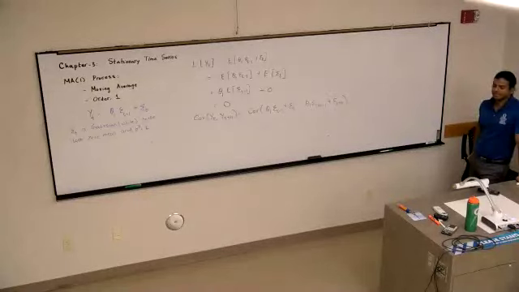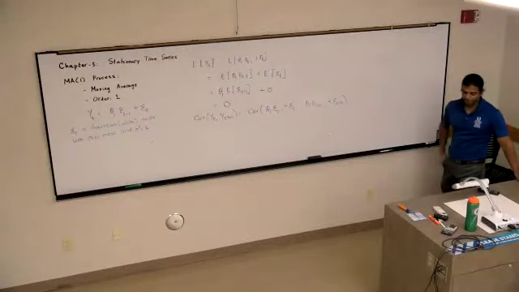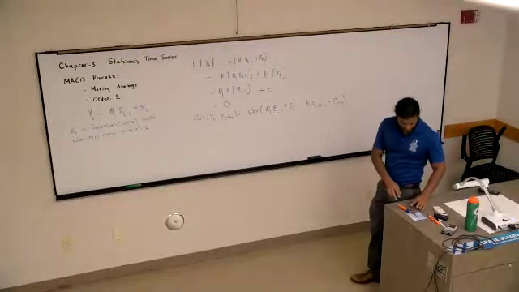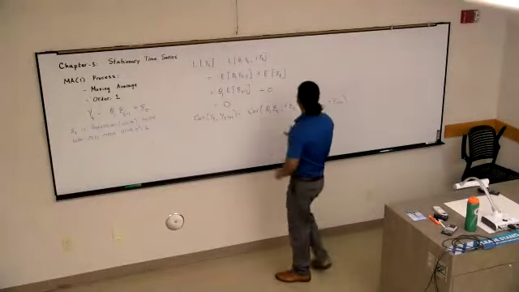One of the key things that we have to sort of understand when we do covariance and such, or trying to find the covariance, is something called index matching.